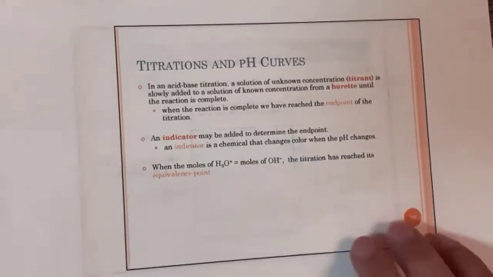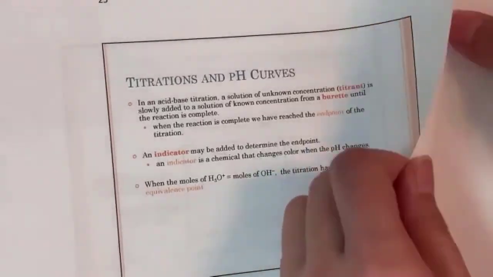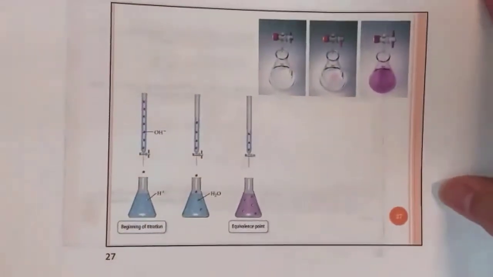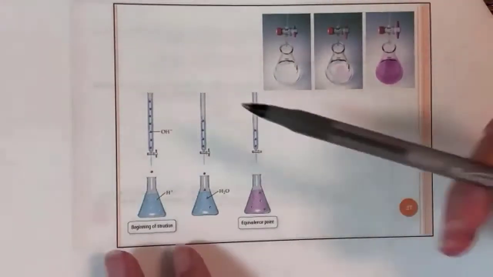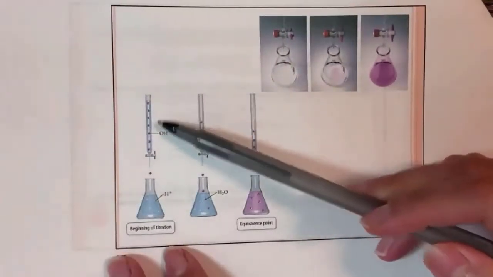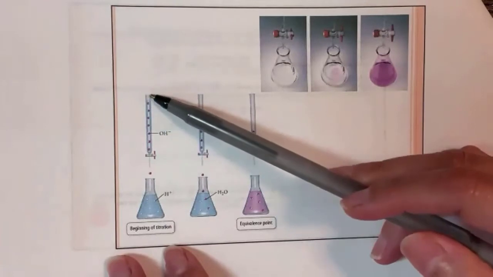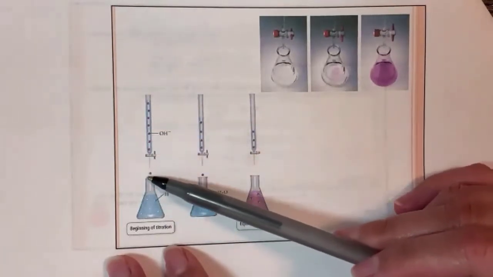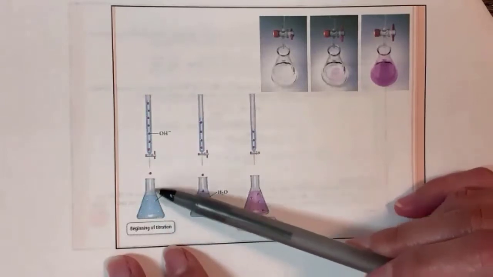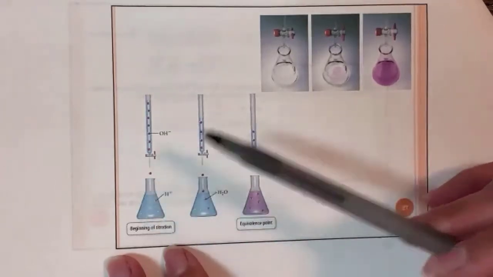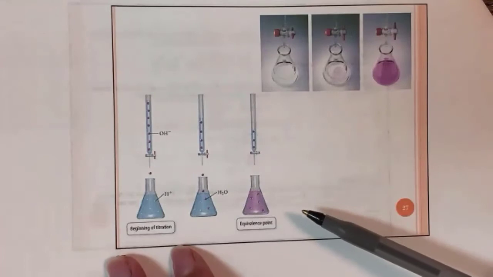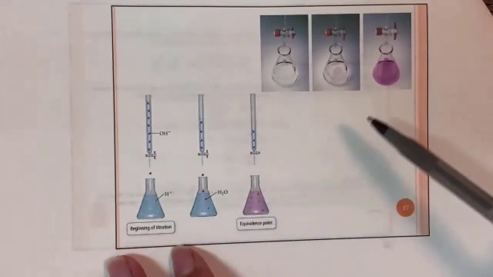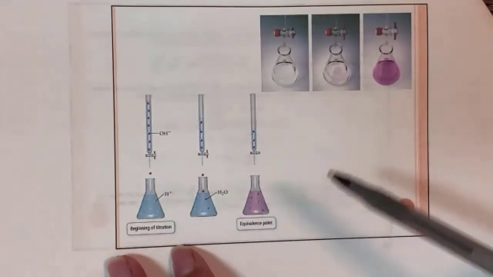So let's take a look at some pictures here. You might be familiar with this experiment where, in this case, they drop hydroxide from the burette into some sort of acid, H plus, in the flask. Now, the indicator they use here is phenolphthalein, where it turns light pink at your endpoint.